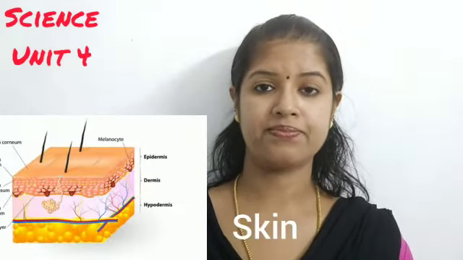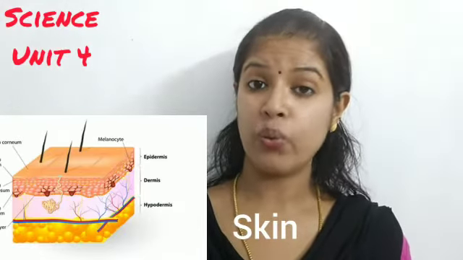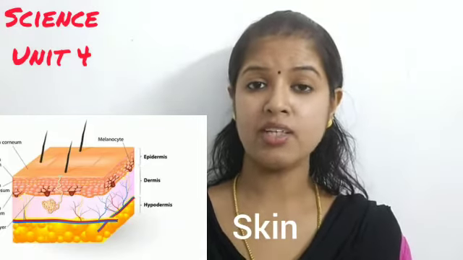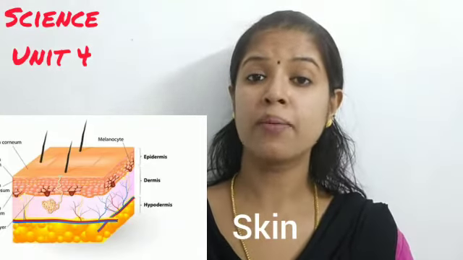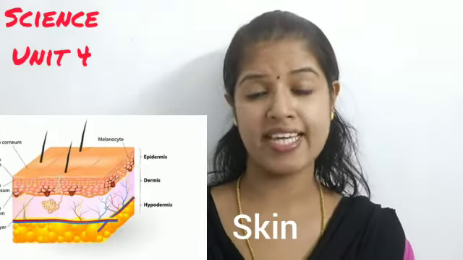Now another excretory organ is the skin. Sweat and waste are eliminated through the minute pores or holes present on the skin.